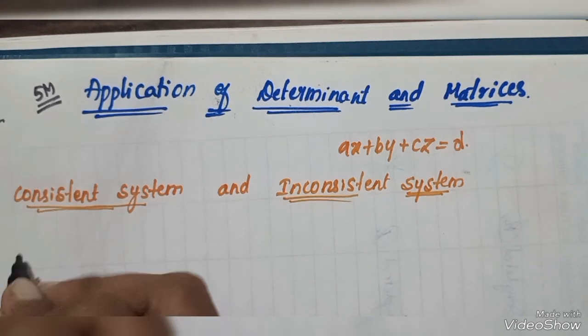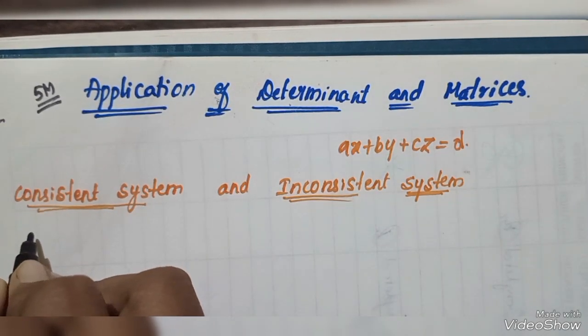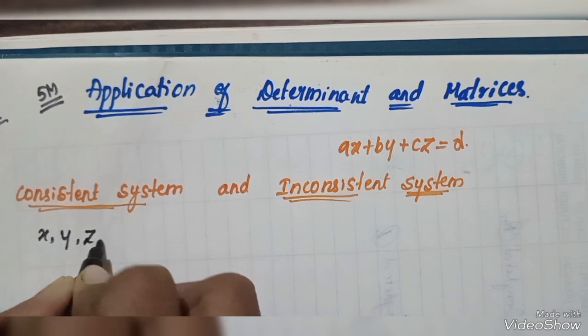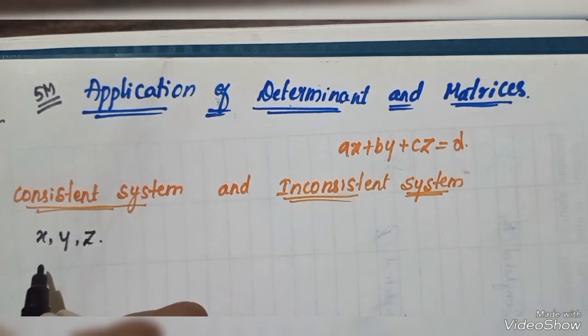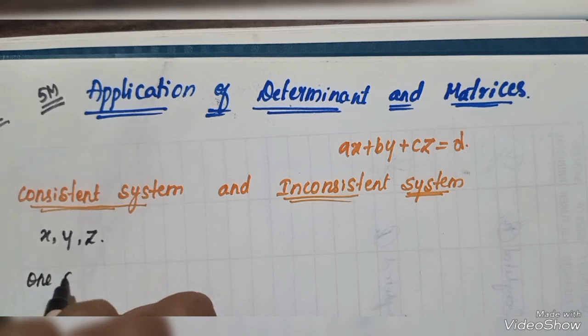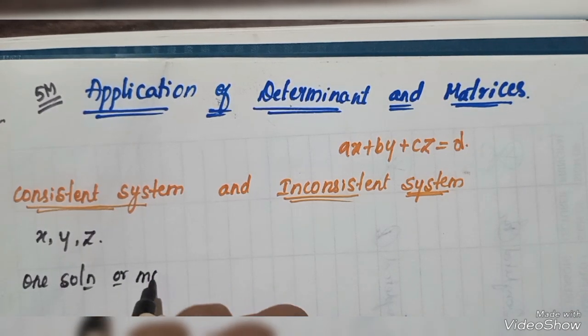For example, in a consistent system, I have considered here 3 variables. Consistency means the system of equations has one solution or more solutions.